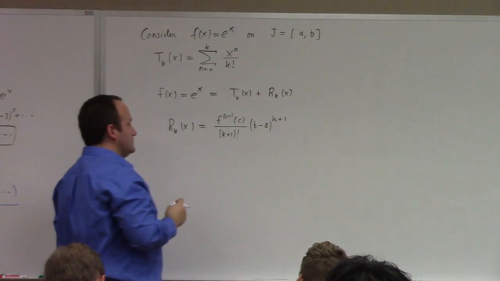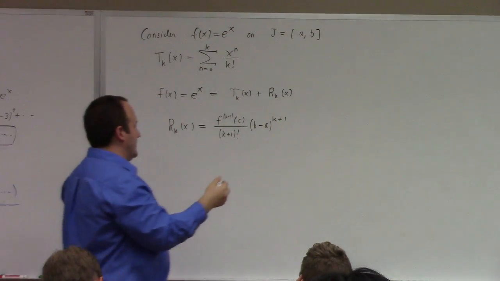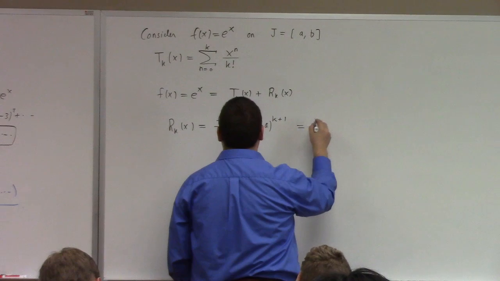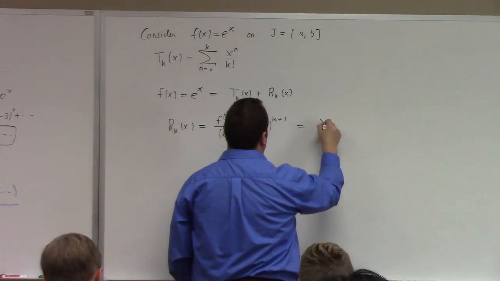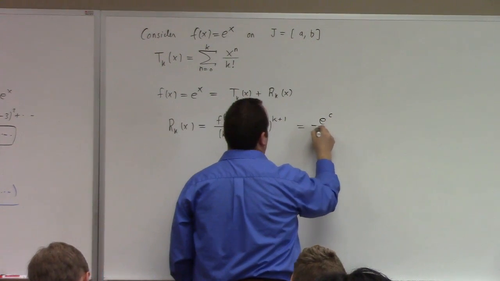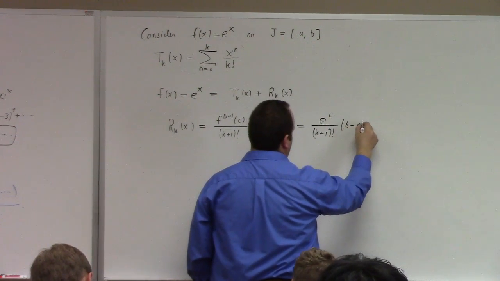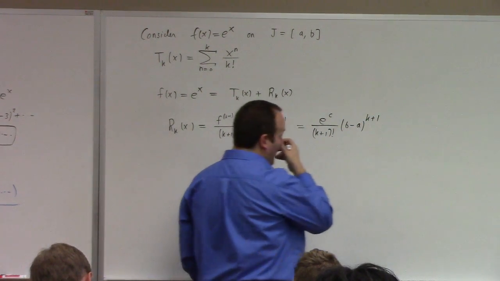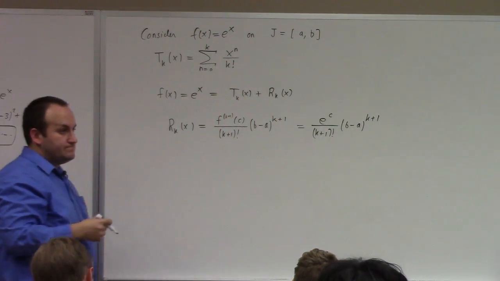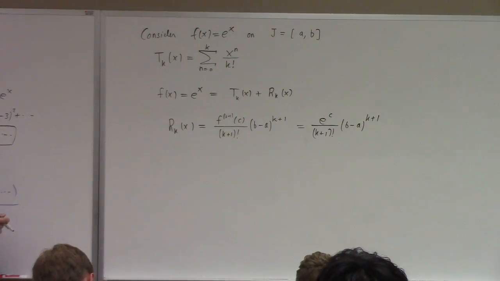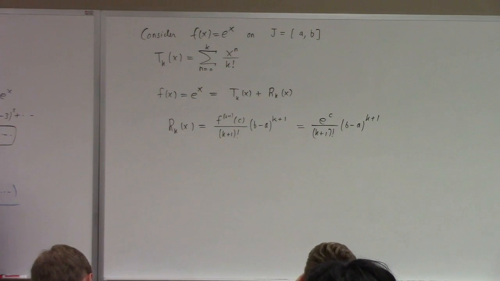All right. So let's write this. This is actually equal to e to the c over k plus 1 factorial times b minus a to the k plus 1. So here's the thing.